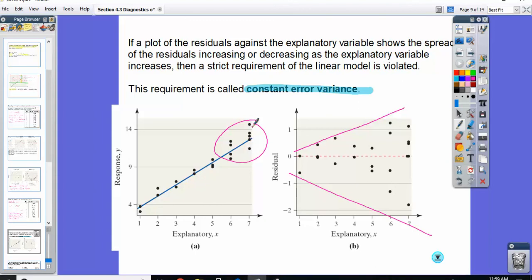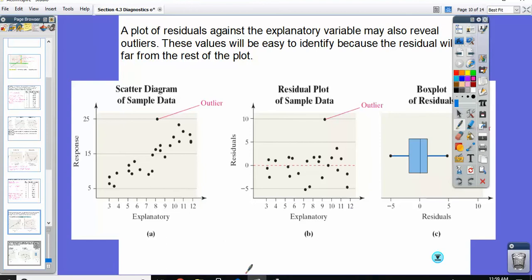Residuals are also good for telling us if we have outliers. We've talked about outliers before in several different instances. So I have pictures just talking about some of the instances where we've looked at those outliers. This is just your basic scatter plot, and you can see that point kind of looks like an outlier from the scatter plot.